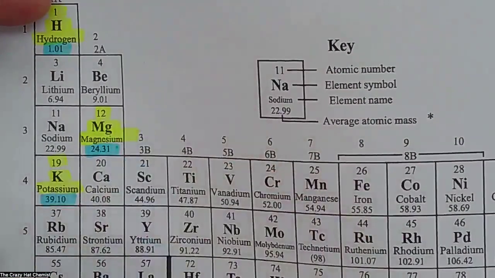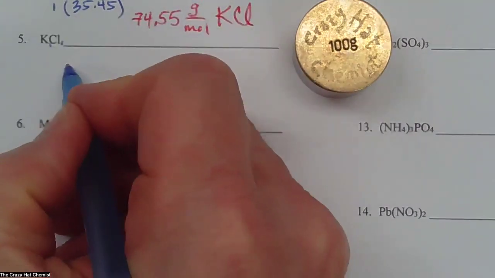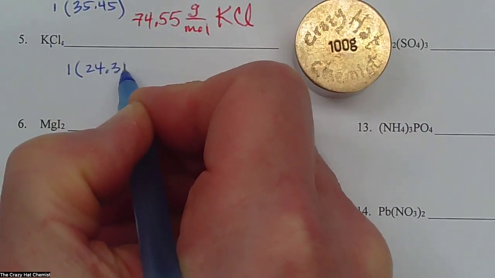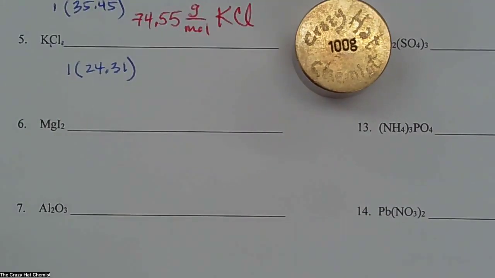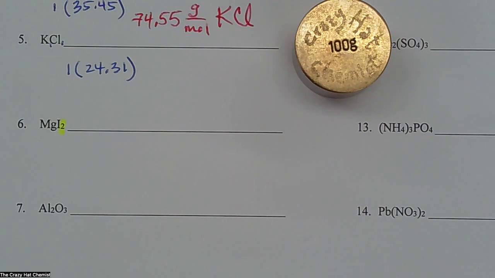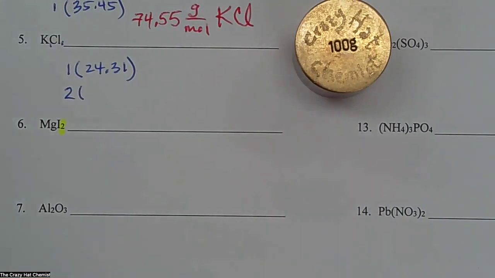Let's write that down. 1 times 24.31 for the molar mass of magnesium. You can see that iodine has 2 of these elements within this formula unit. So it's 2 times the molar mass for iodine.